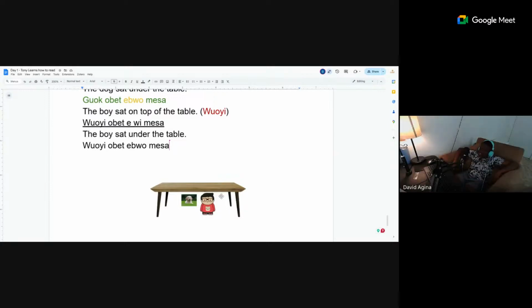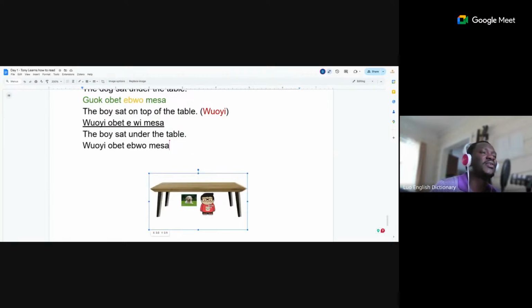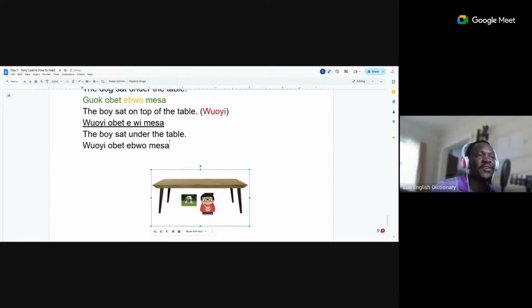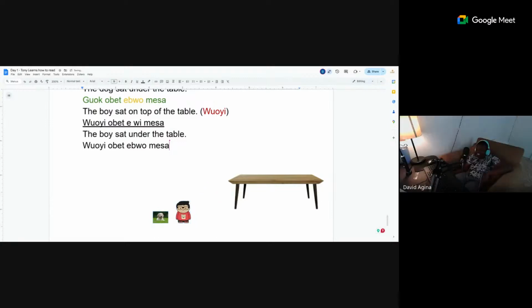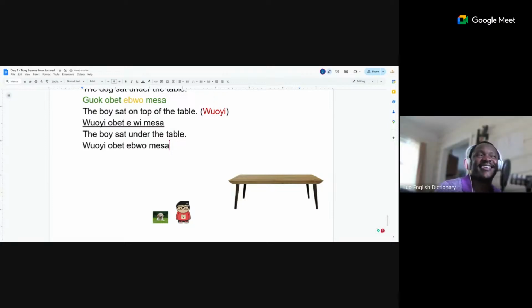Good. Now, we want to include the boy and the dog. And what's the word for and? Do you remember? No. You remember 10 and 1 was gi. So can you now use the word and? So the boy and dog sitting under the table.